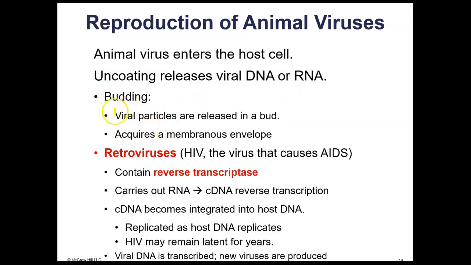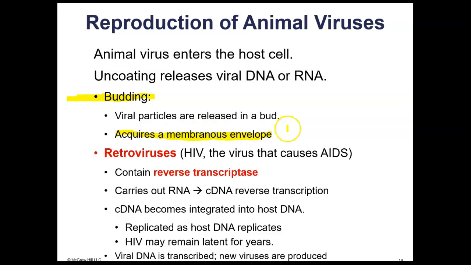Budding is a process where viral particles are released in a bud, which is like, we learned about this. It's called exocytosis. So it's very similar to exocytosis. And just like in exocytosis, the viral particles will be now surrounded by the cell membrane or plasma membrane of the host cell.